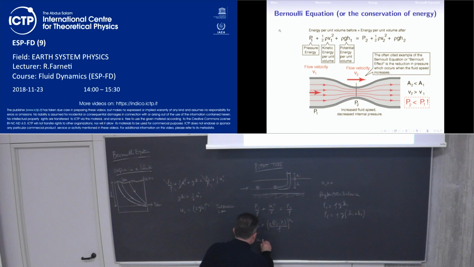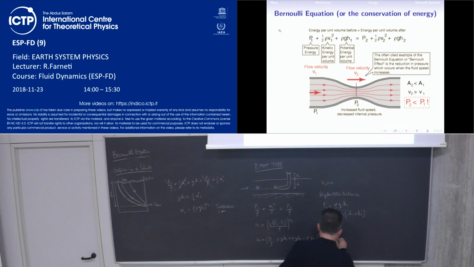So U1, if you substitute, is the square root of 2 over rho times (rho g h1 plus rho g h2 minus rho g h1), which is the square root of 2 g h2.